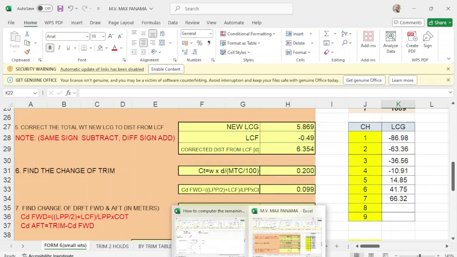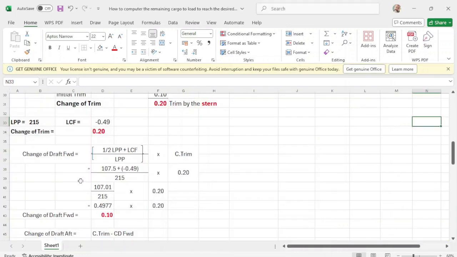So we go back to the Excel. Change of drop forward will be 1/2 LPP plus LCF over LPP times your change of trim. What is your LPP?